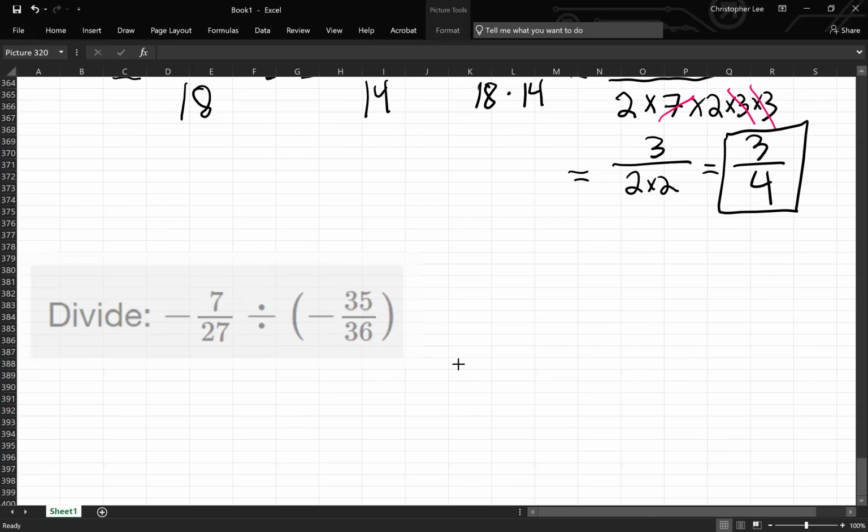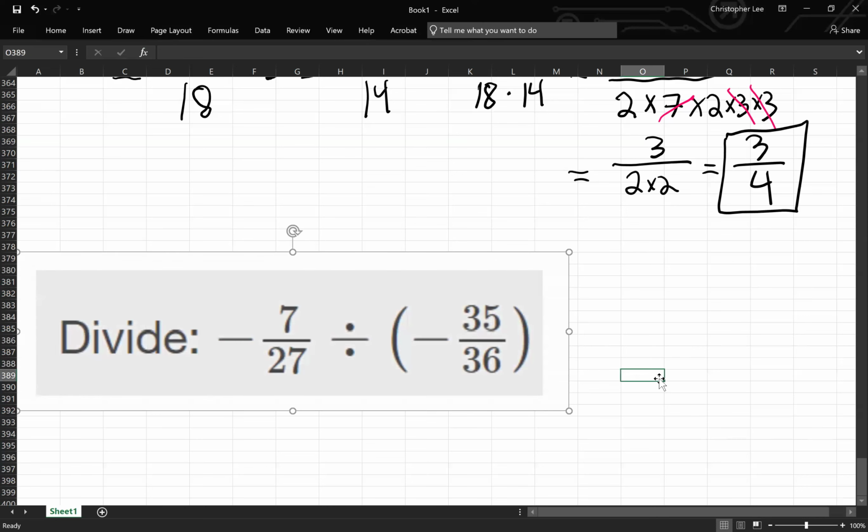Today's not gonna get much harder than this. After this, we're just doing adding and subtracting, and then that's it. So we could do examples. Y'all got time if y'all want.